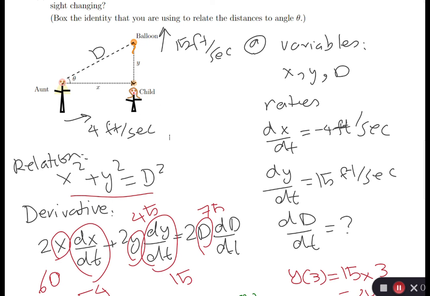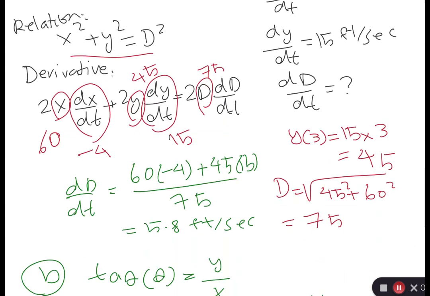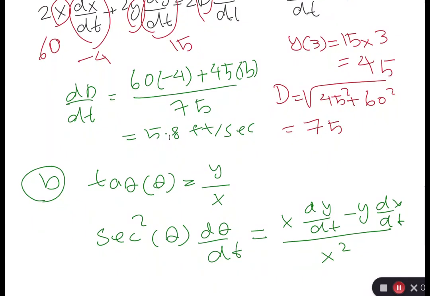So secant theta is the hypotenuse divided by x, and secant squared theta is (x squared plus y squared) divided by x squared.